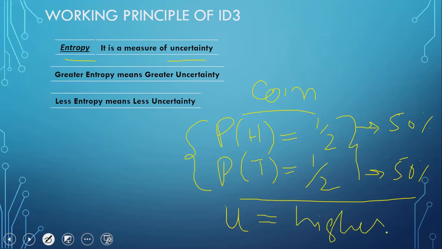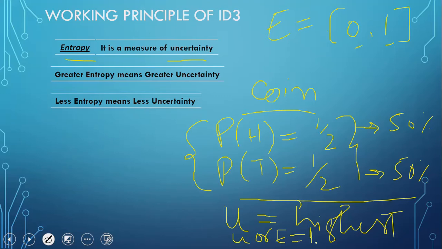The uncertainty cannot go beyond this level where the outcome of the trial is 50-50. We can't be more uncertain than this. If we map our entropy between 0 and 1, where 0 represents the lowest entropy and 1 represents the highest entropy, then in this case, the entropy will be equal to 1, the highest possible value.